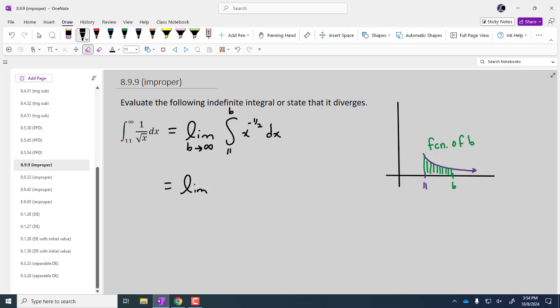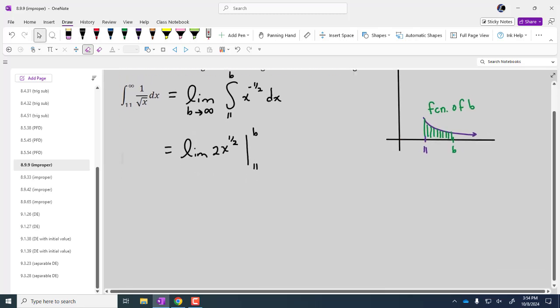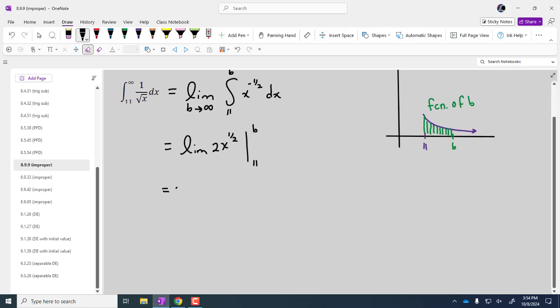So here we're going to get x to the positive 1/2 divided by 1/2, which is multiplication by 2, from 11 to b. I'll factor the 2 out to the front, so this is going to be 2 times the limit of square root of b minus square root of 11 as b goes to infinity.